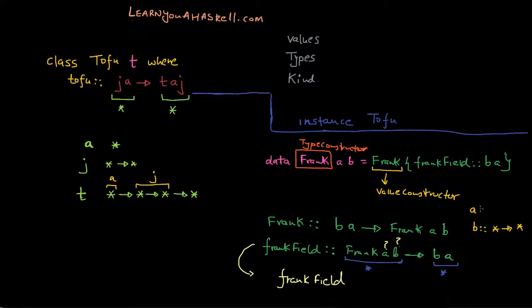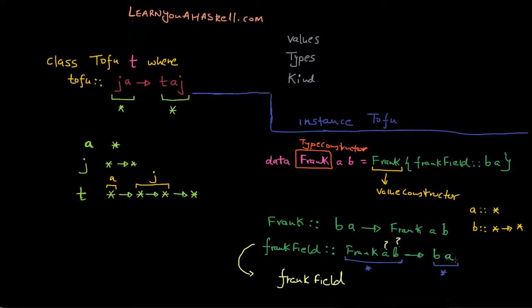For A, the kind for A is nothing but just a star. I'm going to assume A is just a concrete type, and B is something that consumes this concrete type and gives back as an output another concrete type.